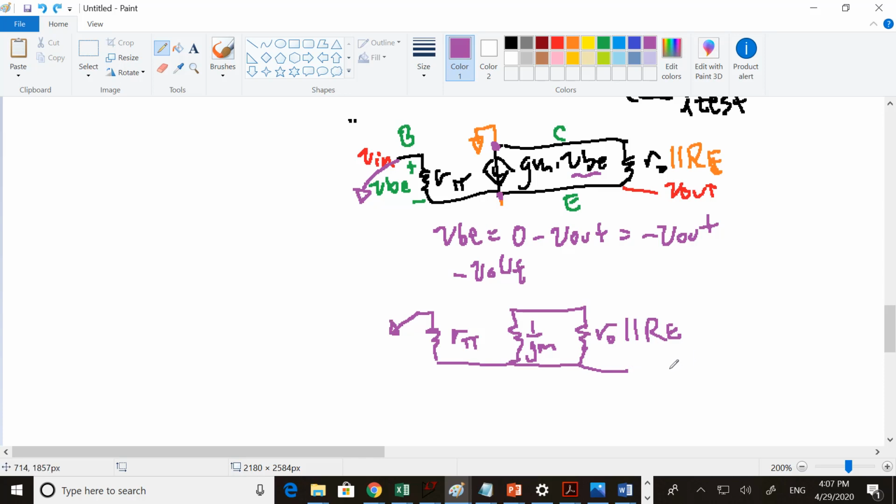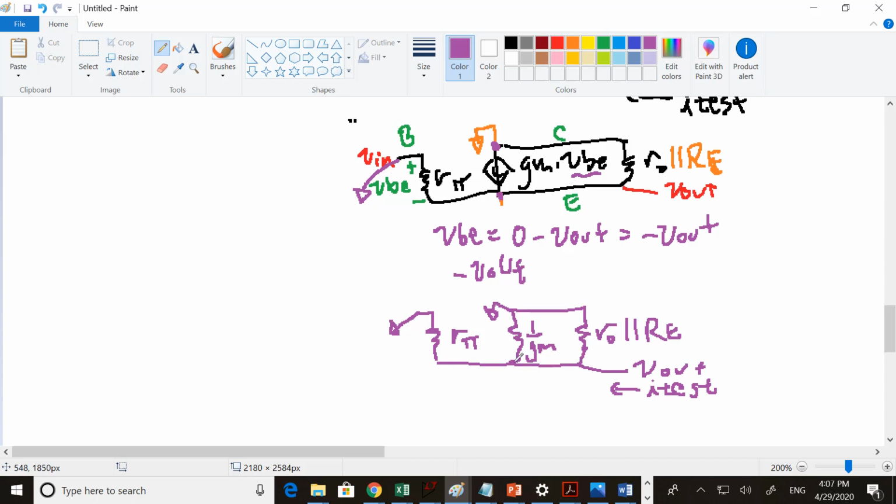Okay, the pen's dead officially. V out right here, and this is also grounded. And what you do if you put current into here, what you see is a resistor.